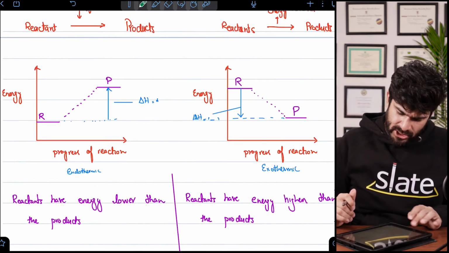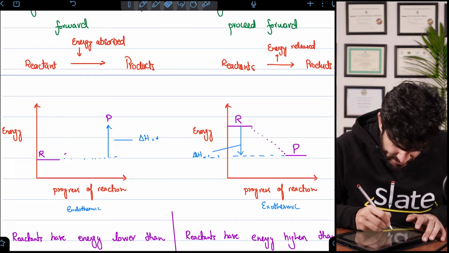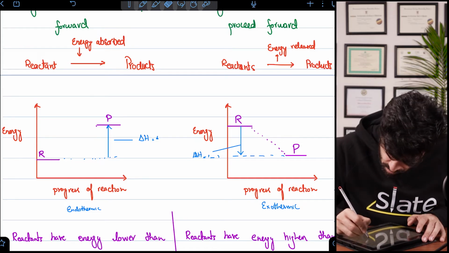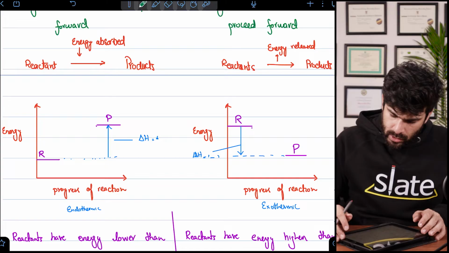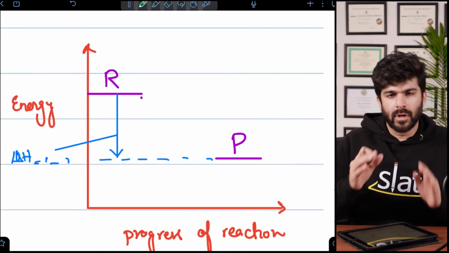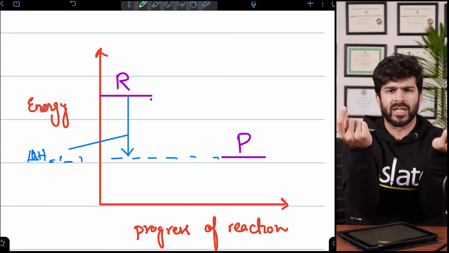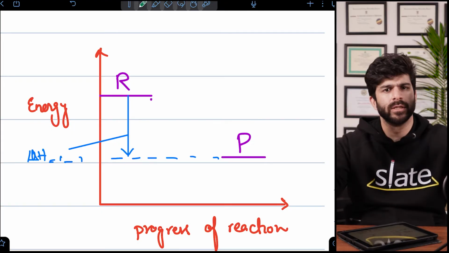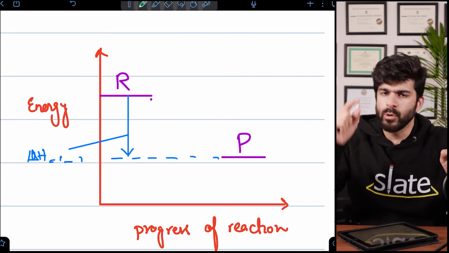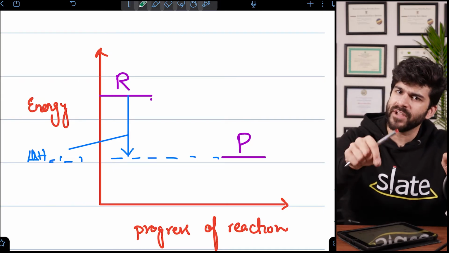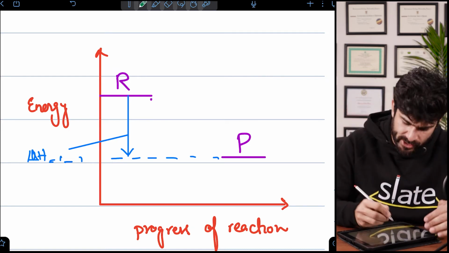So in this energy profile diagram, let's complete this diagram. So in the case of exothermic, reactants are already on a higher energy, but it's not the fact that if there are two reactants present, they will just start reacting. You have to provide it with a specific amount of energy, which is higher than the energy of the reactants.